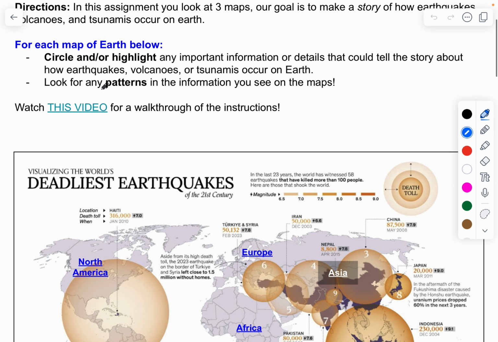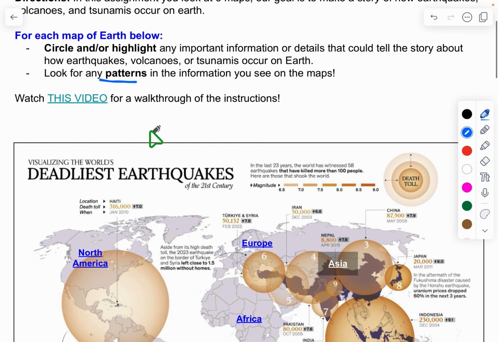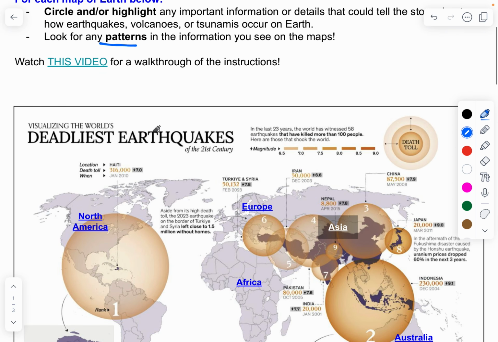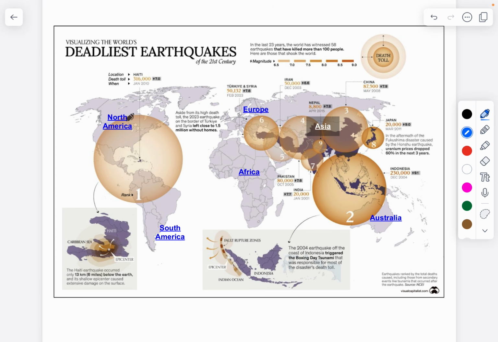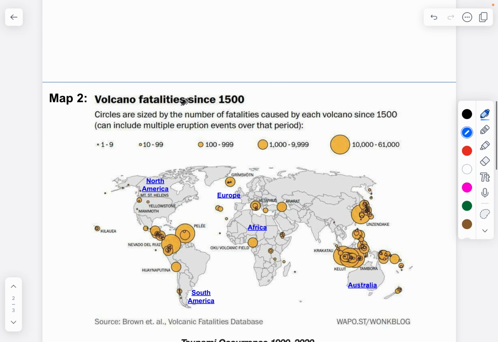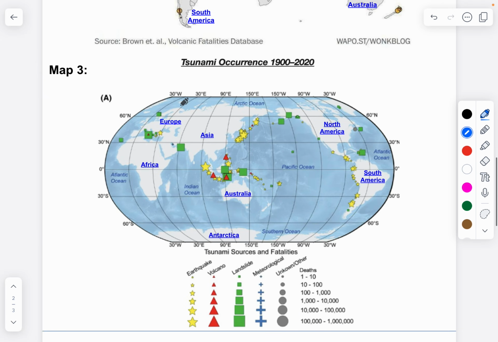And it wants you to look for patterns. That's the key idea here: what are some patterns that we're seeing? If you look at the first map, this is clearly about earthquakes. The second one is about volcanoes, and the third one is about tsunamis.